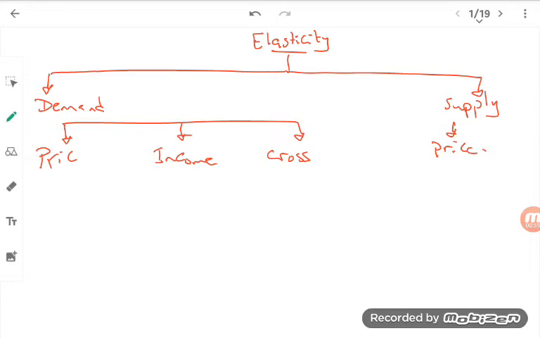Okay, now we are going to recap what we did last week. What's elasticity? Or what's price elasticity of demand?